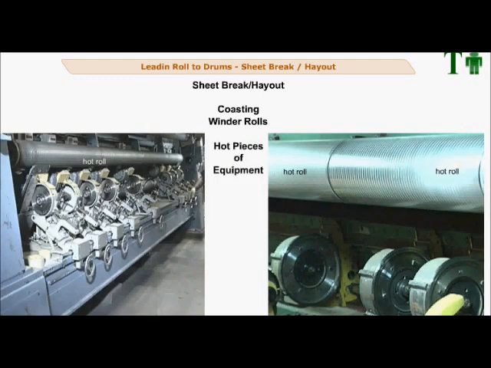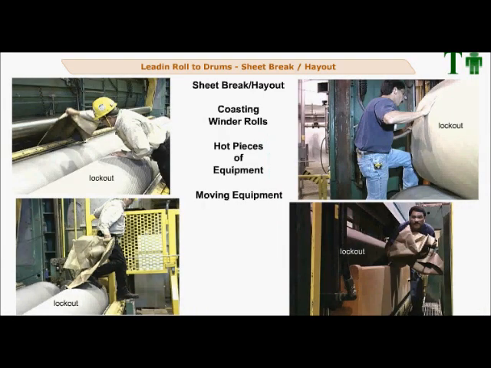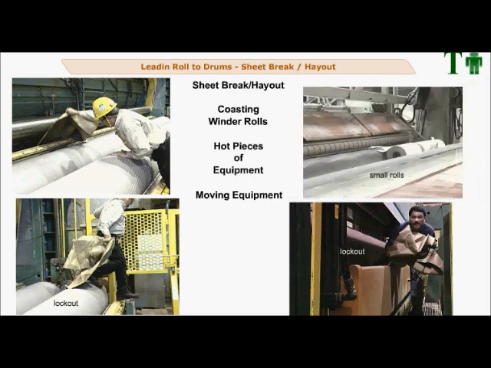Be aware of hot pieces of equipment in the area that may have been heated by friction. Some of the pieces of the winder may be moving into clean-out positions or being moved to free paper, winder drums, kicker, rider roll. During the cleanup, it may be necessary to kick out a small diameter set of rolls. This, too, has some hazards associated with the small rolls.